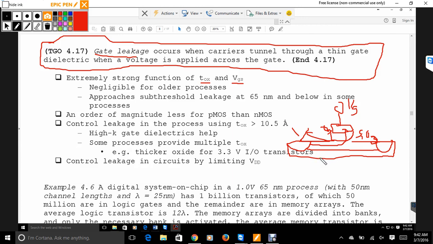At larger transistor sizes, this is virtually a non-issue, because when you had it scaled, the thickness of your oxide was sufficient to keep this from happening. But as we get smaller and smaller, remember that diagram I showed you at the beginning of the semester, where I showed you a 0.25 micron process, and the transistor was about this size, and then I showed you a 22 nanometer at the same scale, and it was like that.